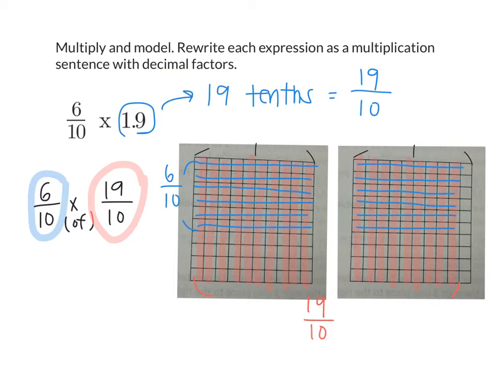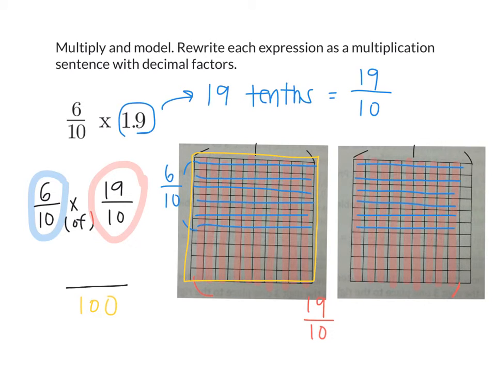I don't want you to draw this in your notebook, but I want you to write yourself step-by-step directions of how we were able to model 6/10 of 19/10. Go. One entire unit, which is this whole box right here, has been split up into how many sized units? 100. Okay, so we know that our denominator is still 100. How many of those are doubly shaded in, though?